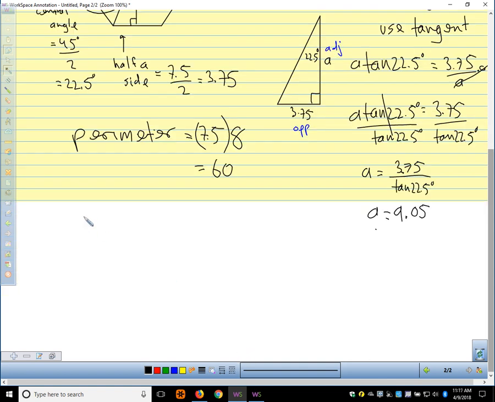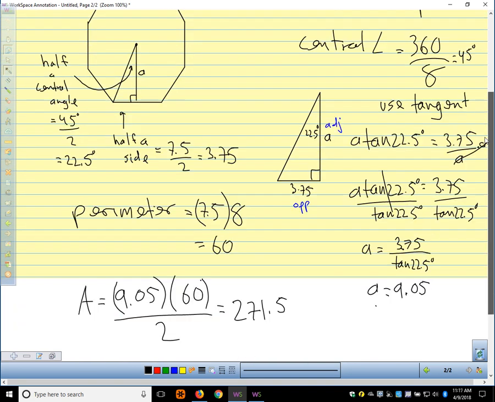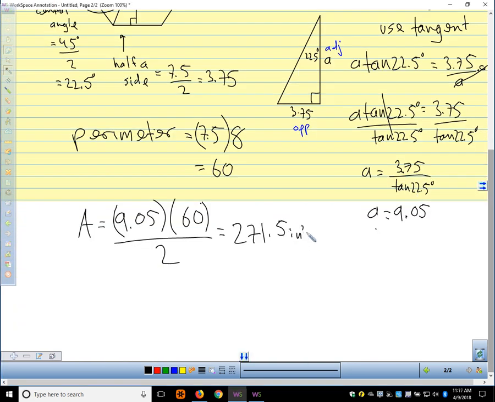So my area is the apothem, 9.05 times the perimeter, 60, divided by 2. Plug that in my calculator, and I get that the area is 271.5 inches squared. Just checking my units.